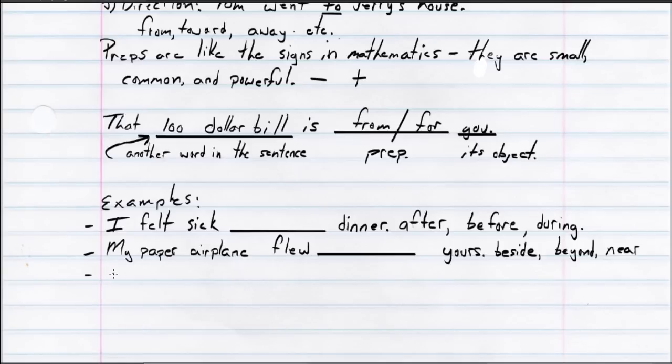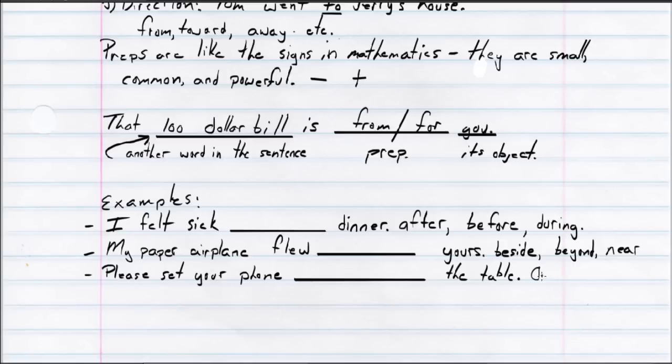Let me give one more example. Please set your phone, and then a line, and then the table. I'll give you the obvious one. Please set your phone on the table. I could also say, go ahead and put down a couple of yours.